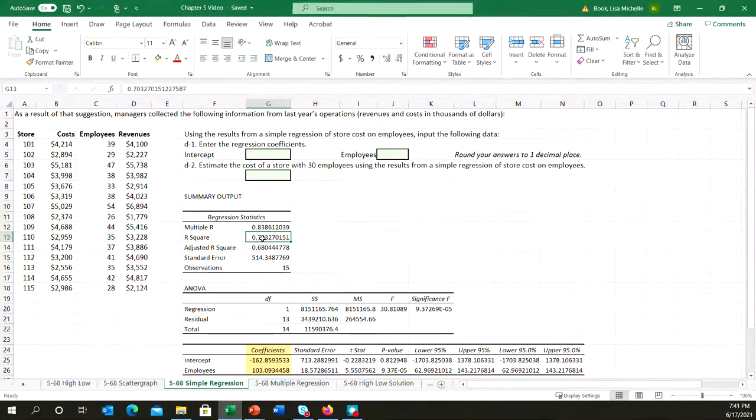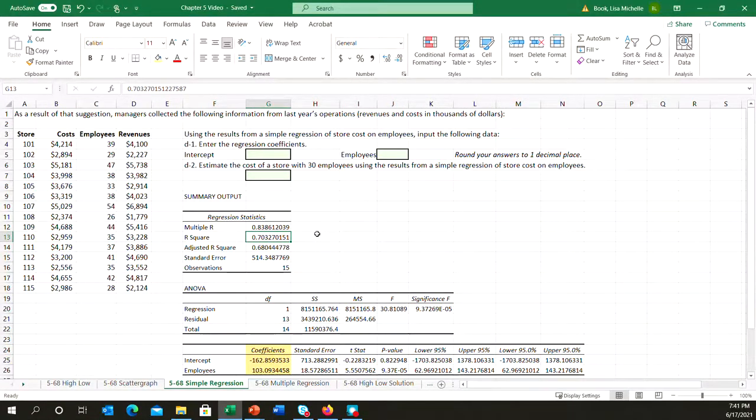But we also have a variety of different measures like our t-statistic and particularly our R squared that is telling us how much of the variability of cost is explained by employee. Now, 0.7 isn't horrible, but that's definitely telling us we can improve upon this.